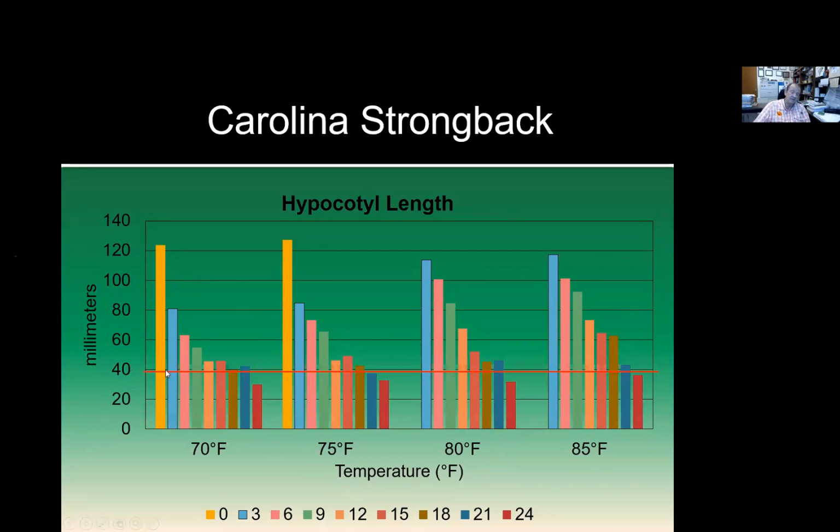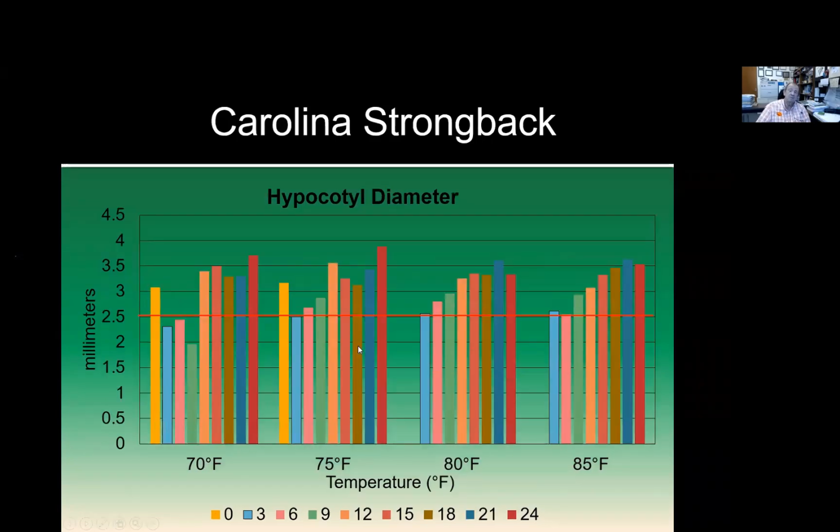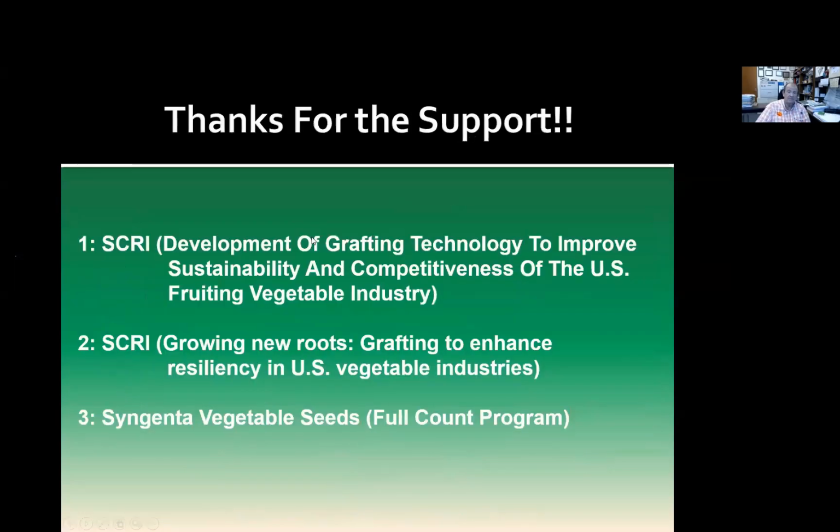So we're looking at this ideal temperature, this ideal length. You can see the effects of the light duration, and therefore we've been able to develop a cookbook. This is the diameter that we're looking at, and this is the ideal diameter we want for the rootstock material. This just gives you an idea of what's coming.